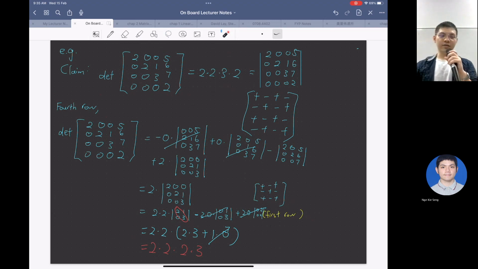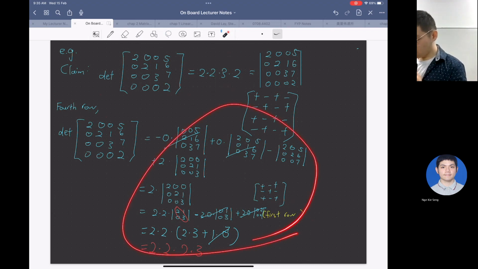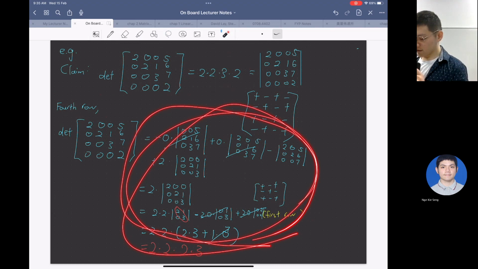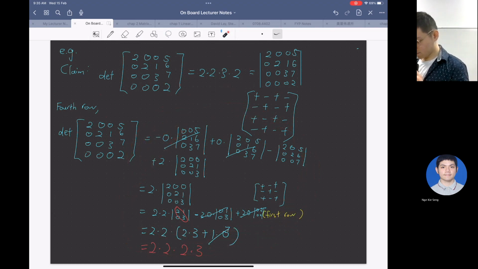You don't need to go over all this process again. You just take the product. So diagonal, upper triangular or lower triangular.